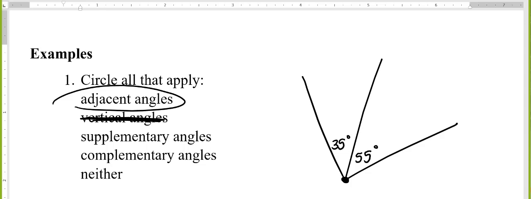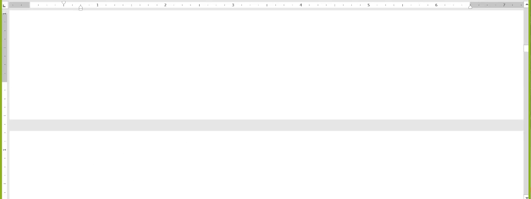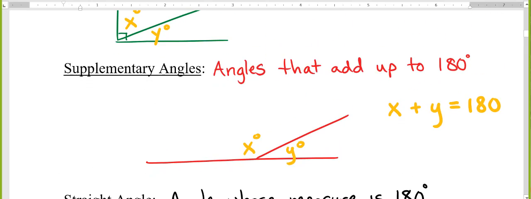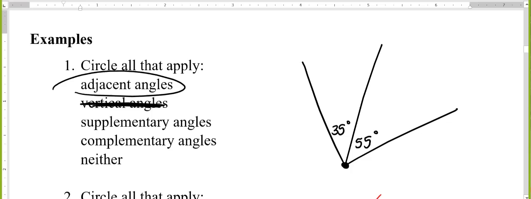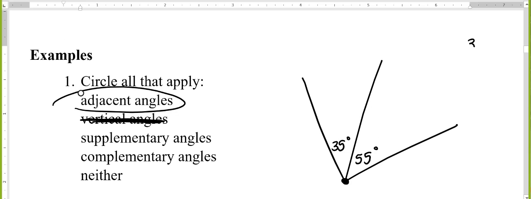Are they supplementary angles? What does supplementary mean? They have to add up to 90? Nope. Go back and look at your notes. Supplementary have to add up to 180. Okay, so let's go up and add those two degree measures. What is 35 plus 55? Does that add up to 180?